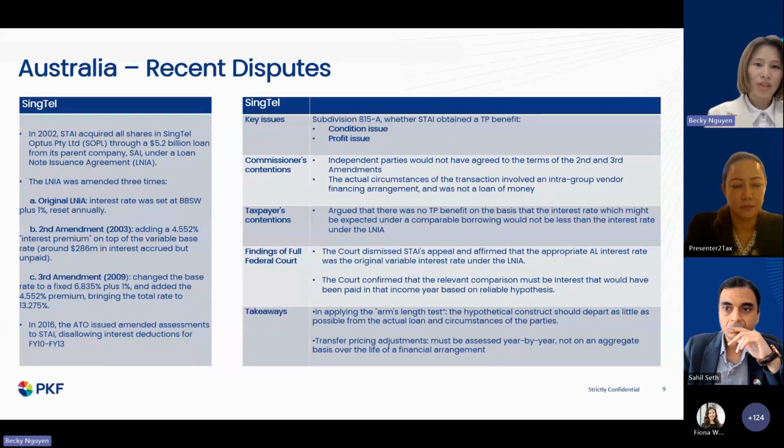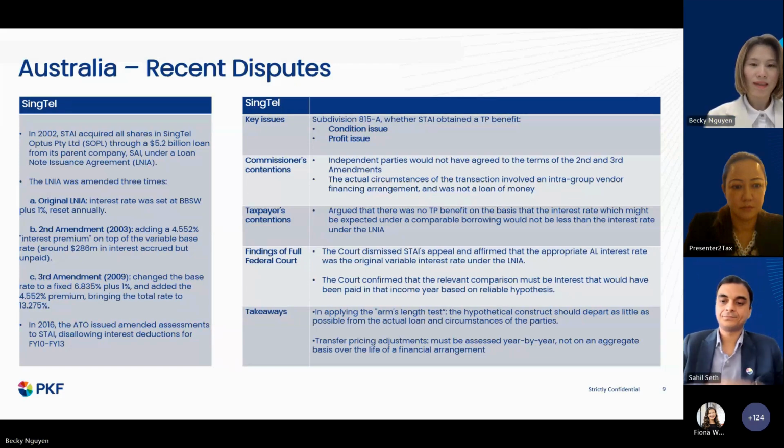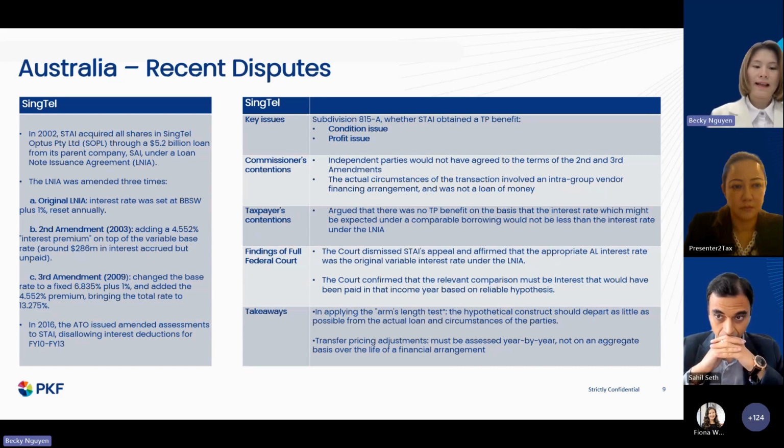And under the profit question, it refers to whether it was a reliable hypothesis that independent parties would have agreed to the Second Amendment or the Third Amendment of the loan note. And at the end, the court found that independent parties, under similar circumstances to Singtel Australia and Singtel Singapore, would not have agreed to the Second and Third Amendment of the loan notes.